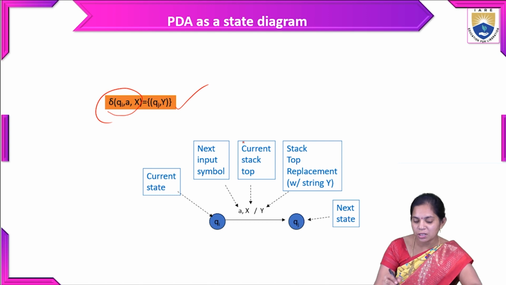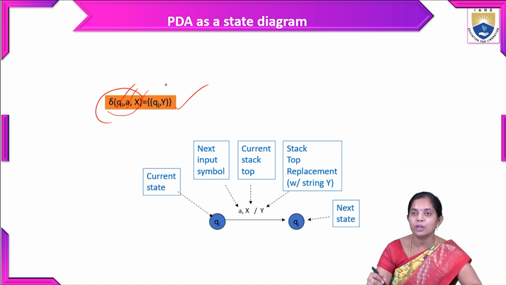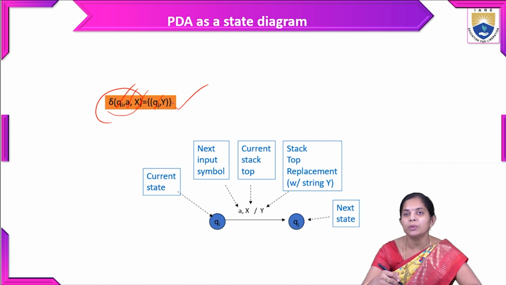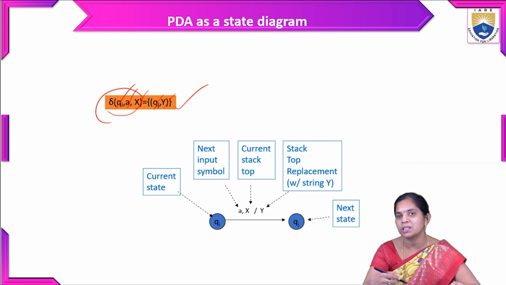The first one is the state, the current state, and A is the input symbol, and X is the top of the stack symbol. Next, QZ is the next state, and Y is the stack content after operations like push or pop performed by the pushdown automata.